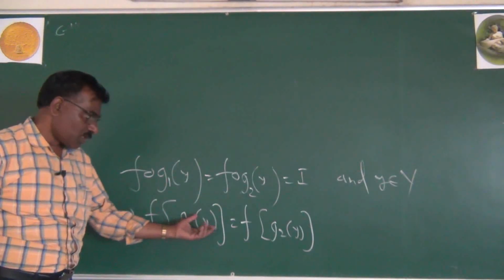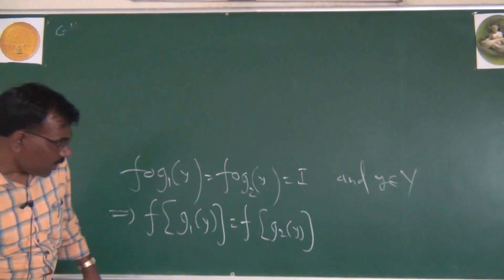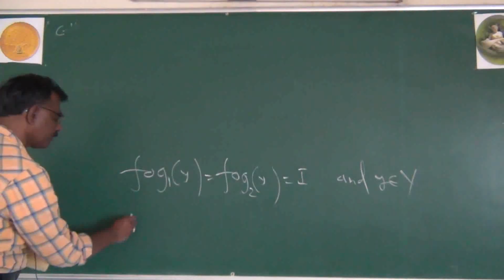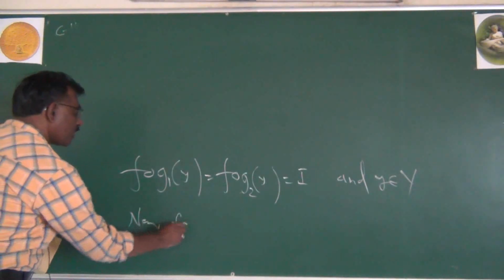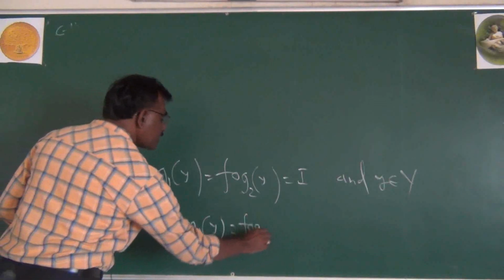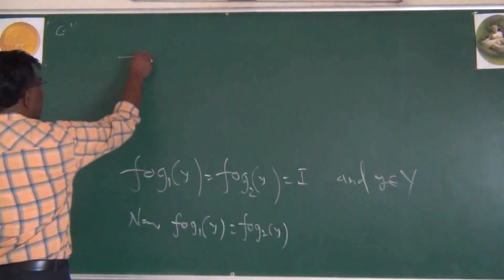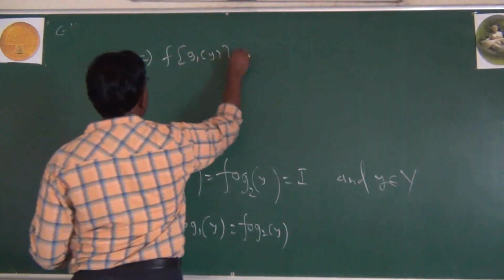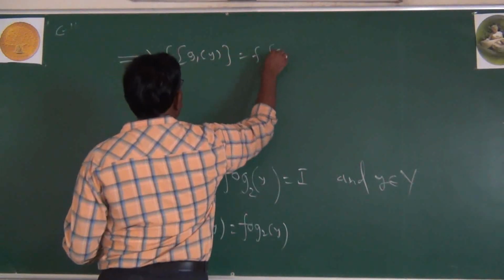So f of g1 of y. Now f composition g1 of y equals f composition g2 of y. It implies f of g1 of y equals f of g2 of y.